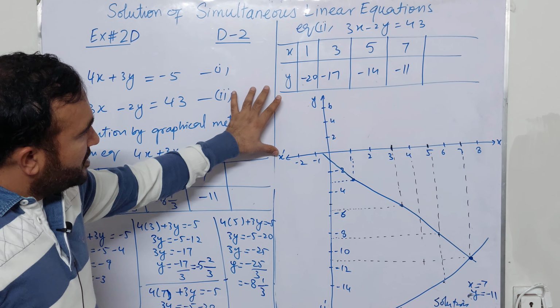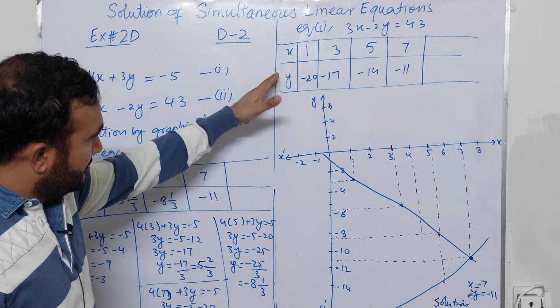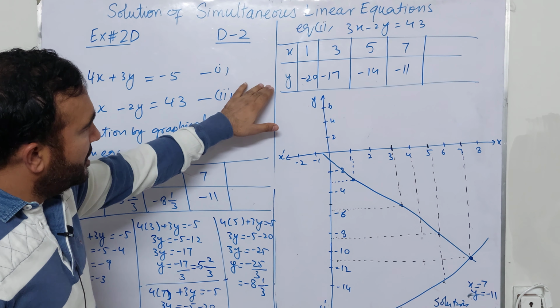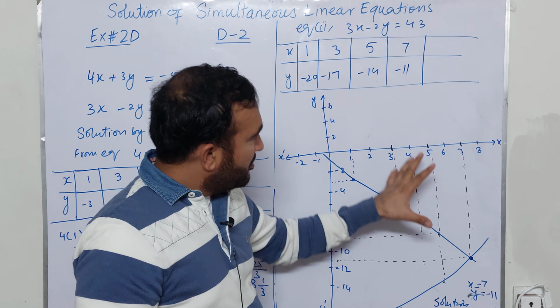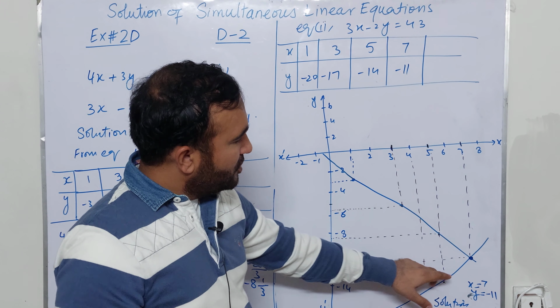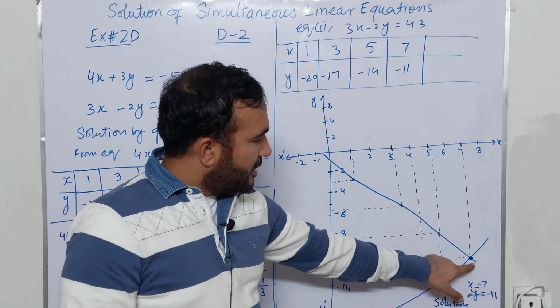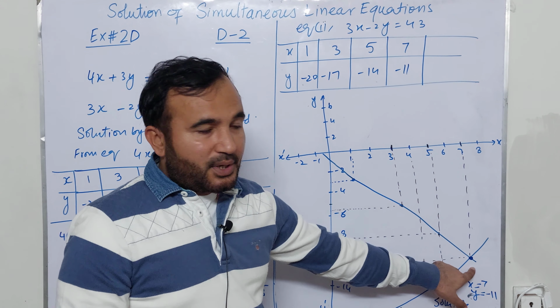So the graph must be exactly the same according to these tables. The purpose of this graphical method is that you have to find the point of intersection of these two straight lines.